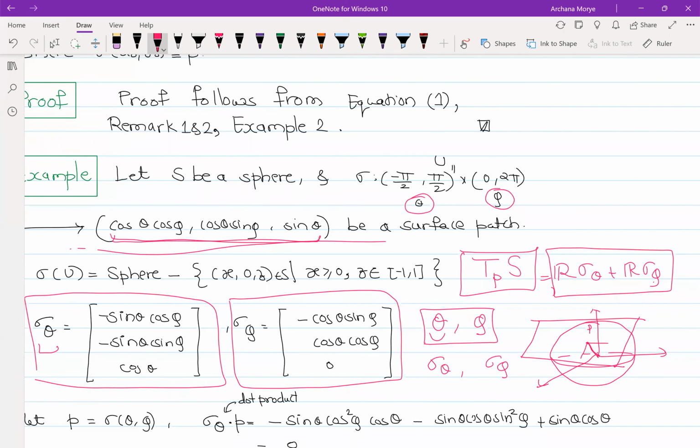We need a normal vector. Just forget it. But remember always that for a sphere, the tangent space is all those vectors inside R3 which are perpendicular to it. Do you remember this actually?